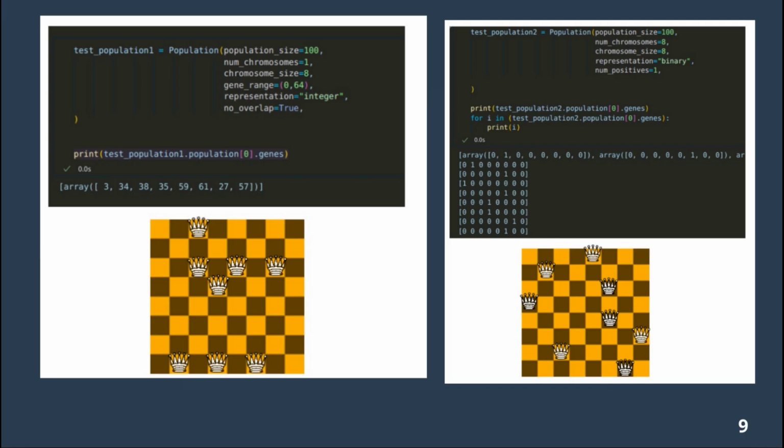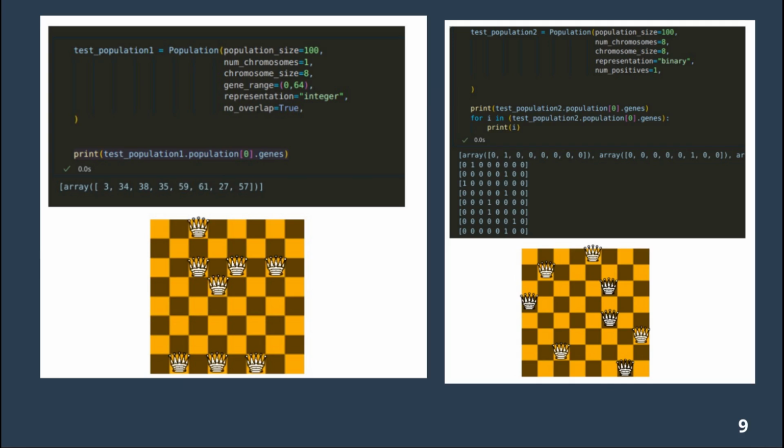For this problem, the number of positives variable is actually really advantageous. So we expect the binary representation to work better, because it allows us to add the rule that one line must have one queen. And after that, it only needs to figure out that one column and one diagonal has to have one queen.